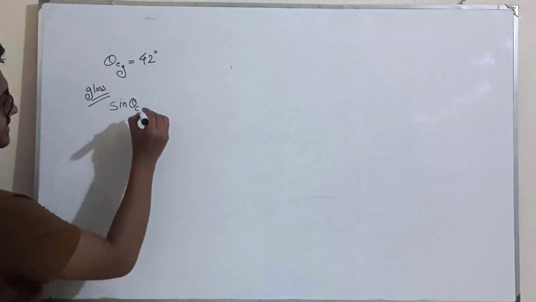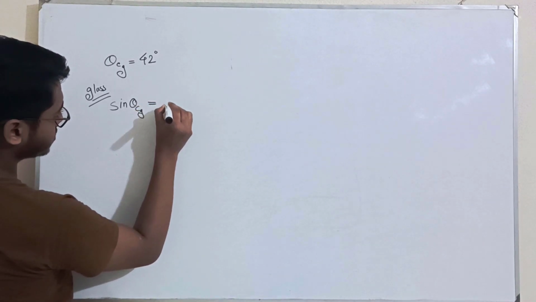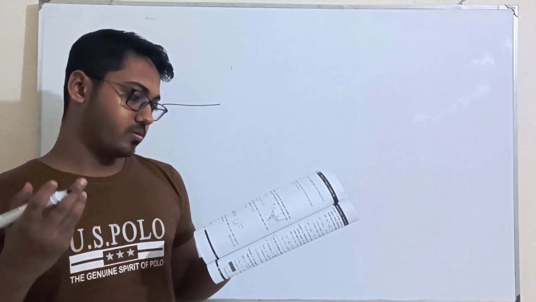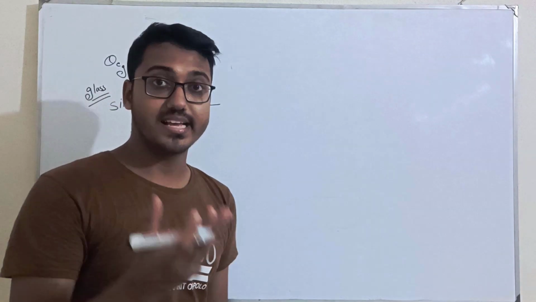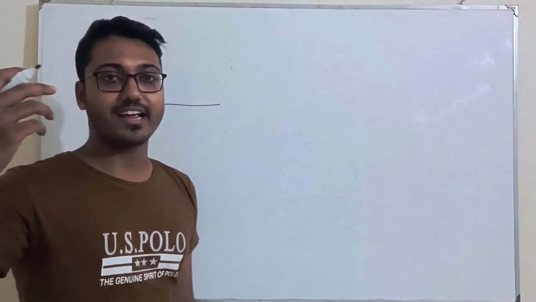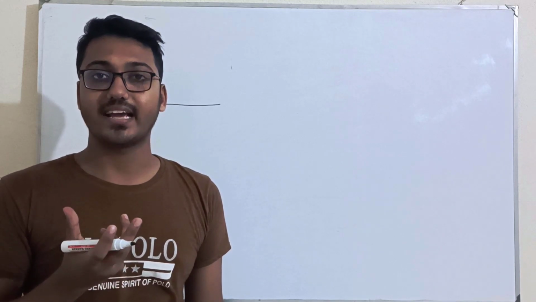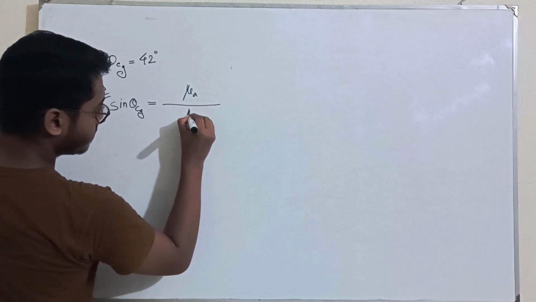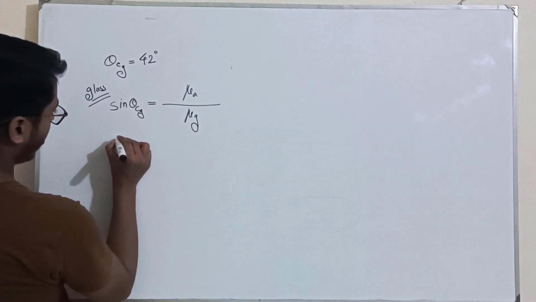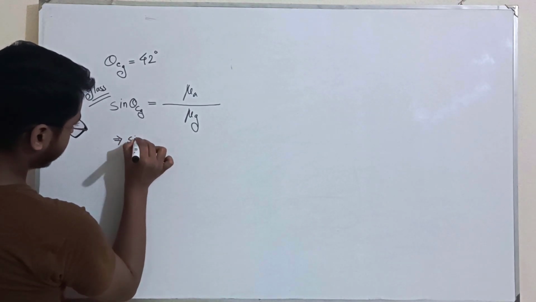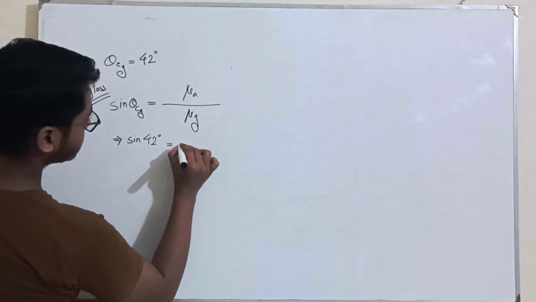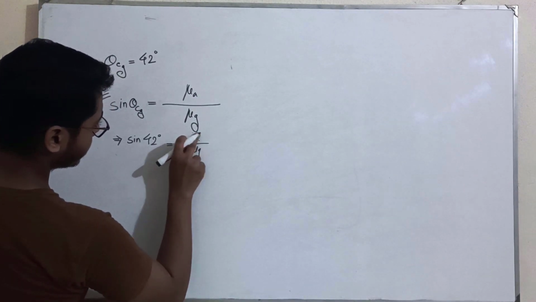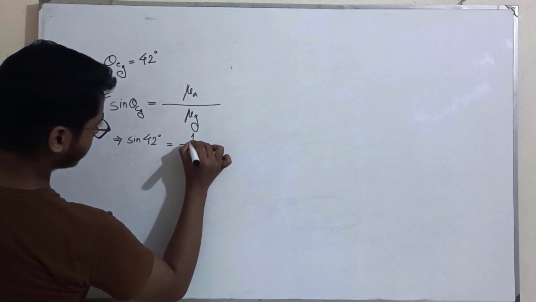Between air and glass, air is the lighter medium. So sin 42 degree is equal to nu A by nu G, and we know the value of nu A, which is 1.